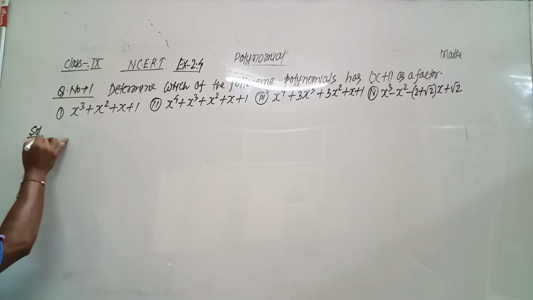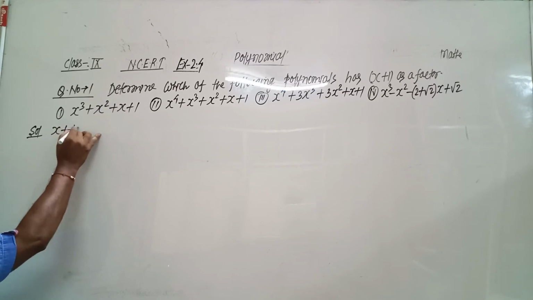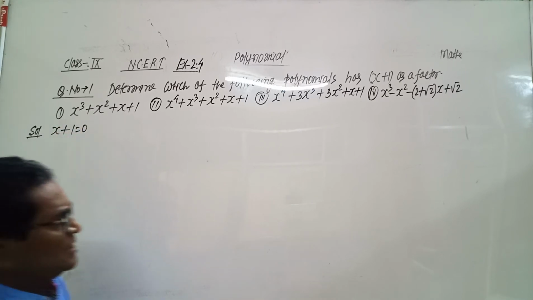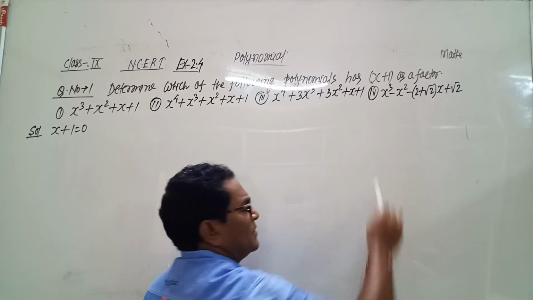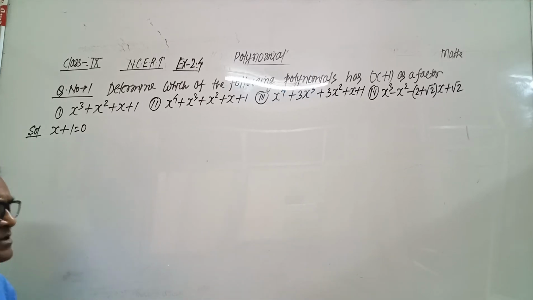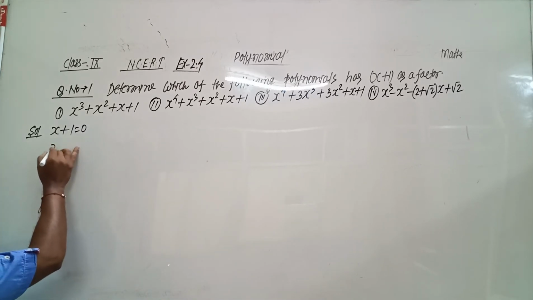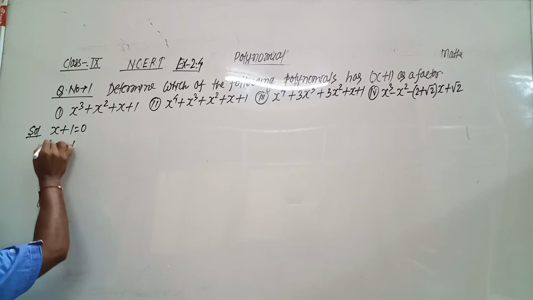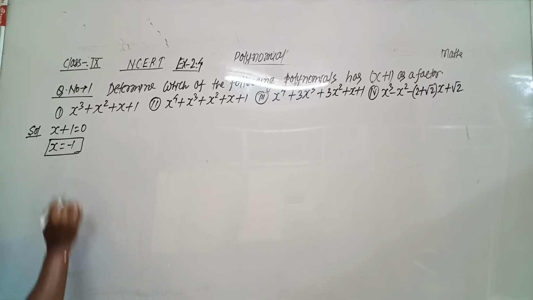So firstly, we make x plus 1 equal to 0 and find the value of x. We get x equals minus 1.